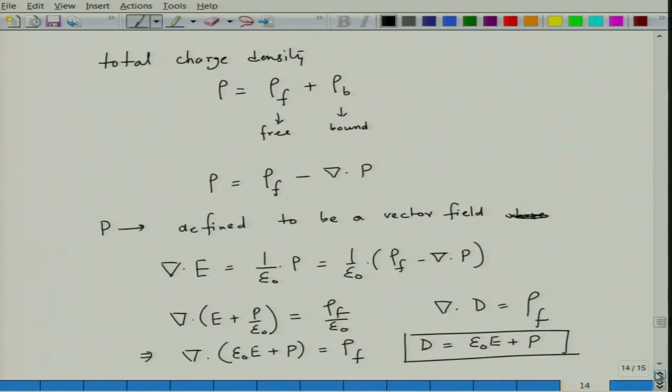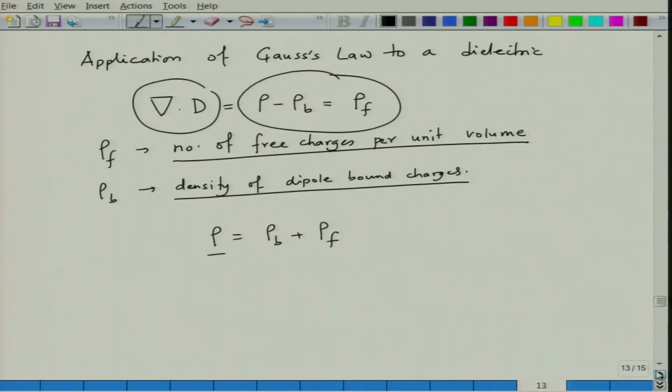So essentially what you need to know to begin with, if you know concepts such as Gauss's law and Poisson's law, then you will be able to appreciate this. Gauss's law says that the divergence of D must be equal to the free charge density, that is del dot D is equal to rho f.